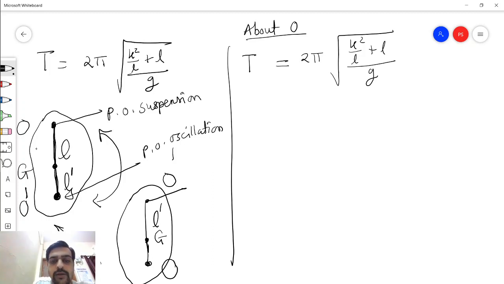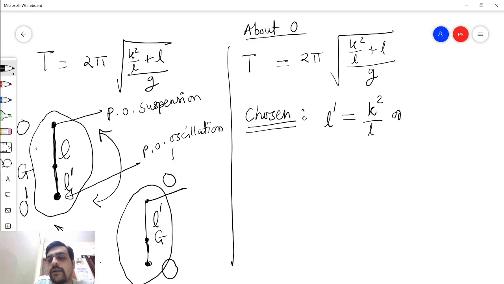Now remember, we have to choose L dash such that L dash is equal to k squared by L, or k squared will be L into L dash.